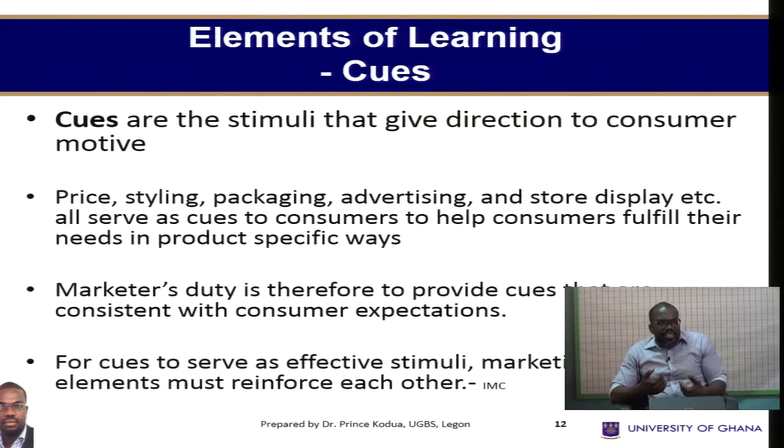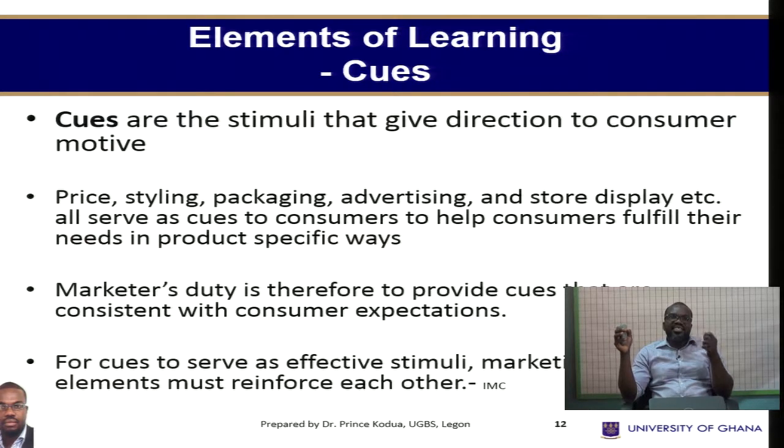Beyond need activation, we need cues to provide us direction as to how a given marketing offering can help satisfy our need. So pricing, styling, packaging, advertising, and store displays, among other considerations, all serve as cues to help consumers fulfill their needs in product-specific ways.